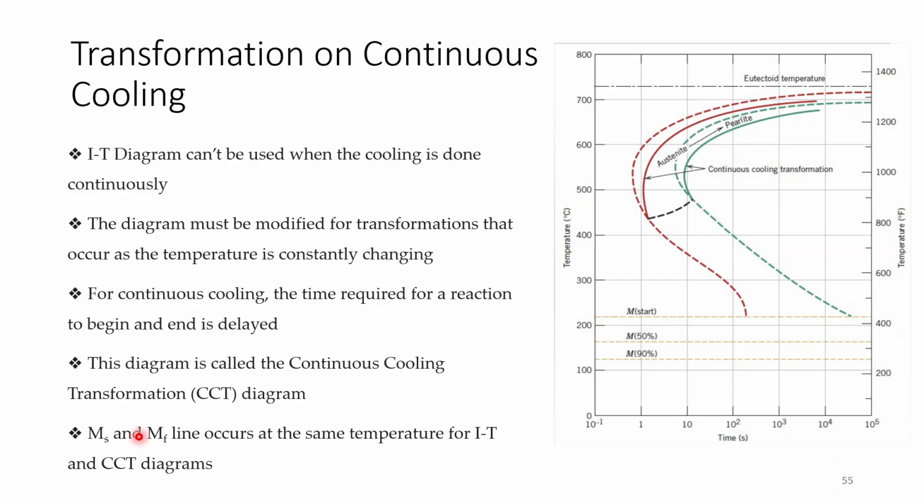Ms and Mf only change when you change the composition of the alloy. Based on the cooling curve, it won't change Ms and Mf. Okay, so for a particular alloy, both of these Ms and Mf will be fixed at temperatures.